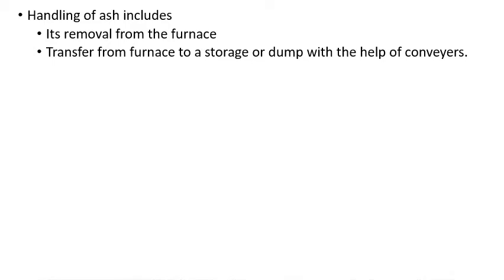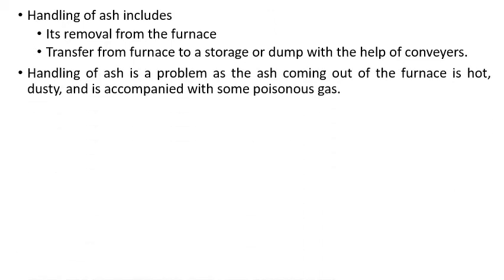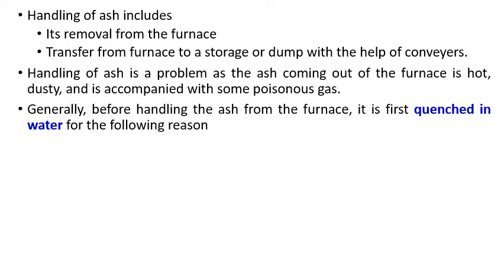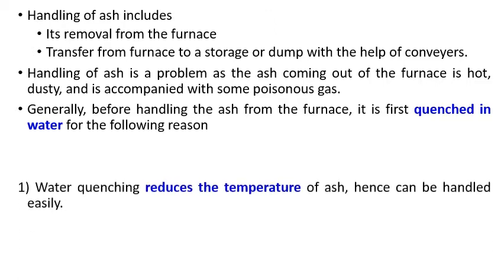The handling of the ash includes removal from the furnace and transfer from the furnace to the storage area. The handling of ash is a problem, as the ash coming out of the furnace is hot, dusty and accompanied with some poisonous gas. Generally, before handling, the ash from the furnace is first quenched in water for the following reasons.